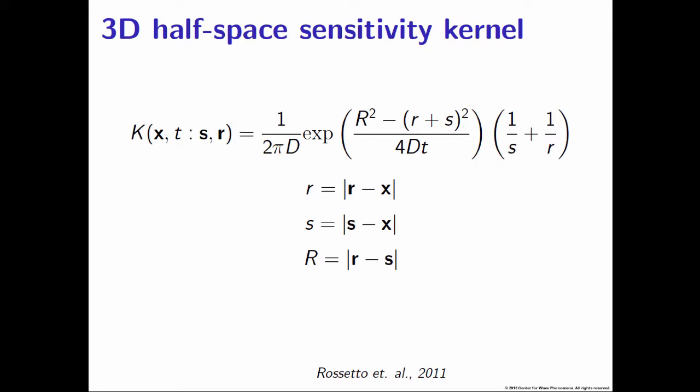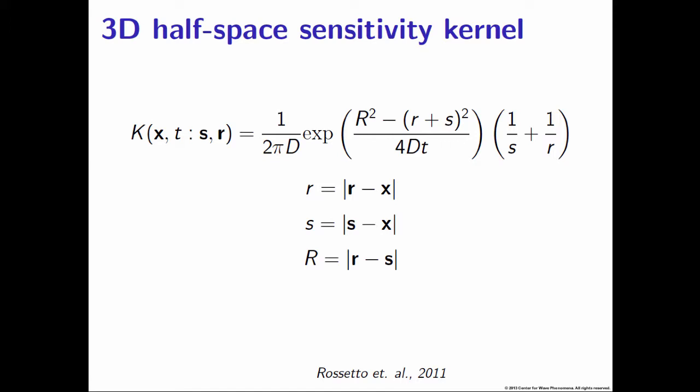The sensitivity kernel of this expression is derived by assuming that our coda wave, which is a multiple scattered wave, can be described as a diffusive process, such that the characteristics of the multiple scattered wave is defined by this coefficient, and the diffusion coefficient is a property of the heterogeneous subsurface.